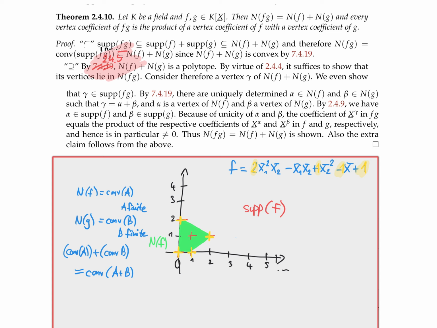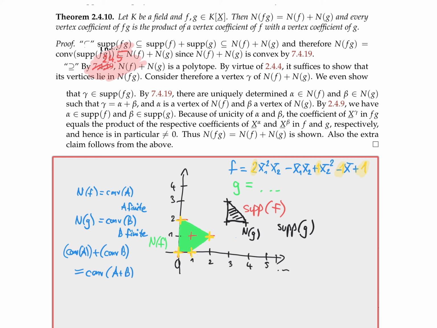So if I take this f and I take here another polynomial g, maybe I won't take a concrete example, but let's say the support of g consists of this point and this point, right? And so the Newton polytope of g is this.